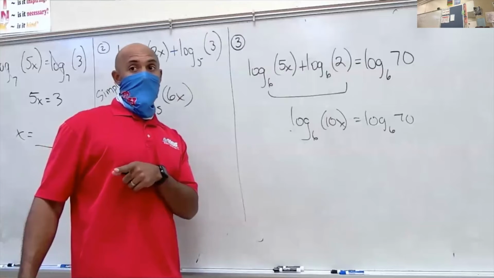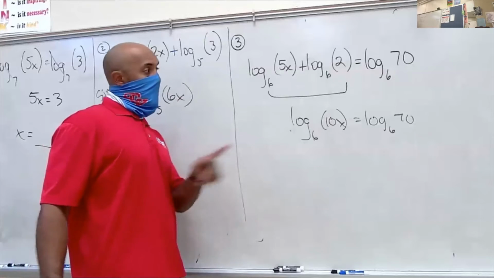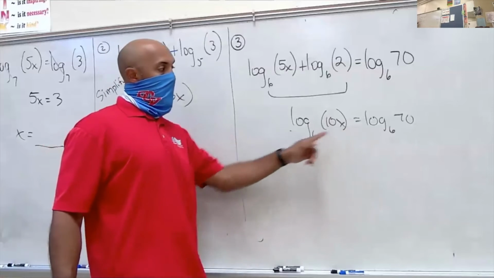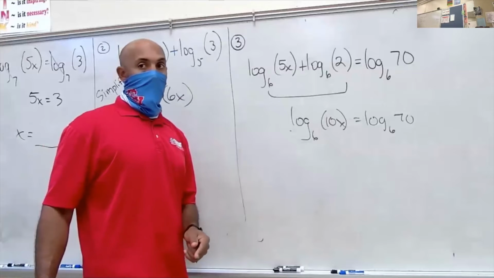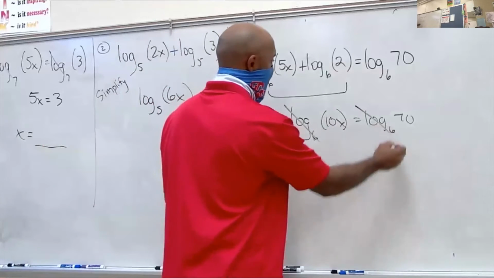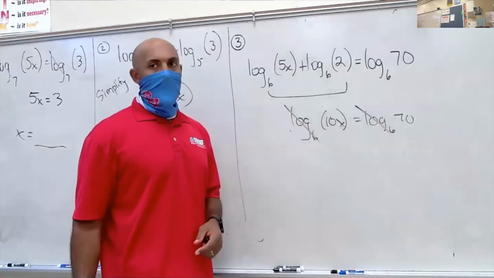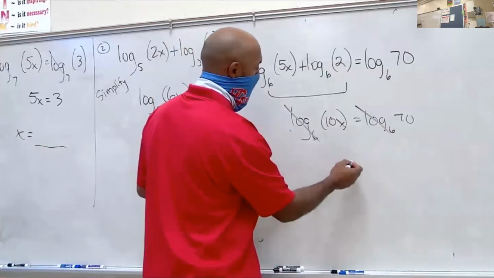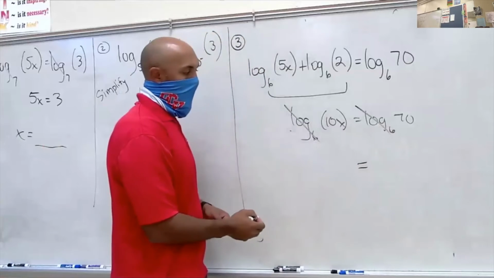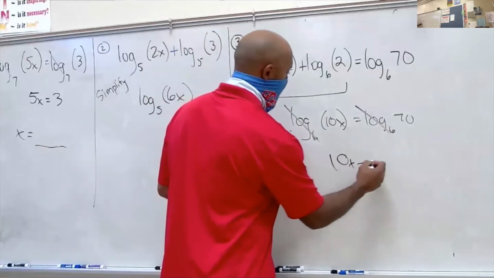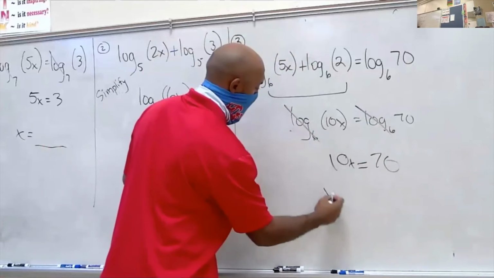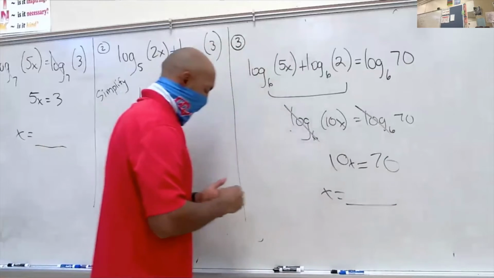Combine. You said combine? Yeah, the two logs. Okay, so what do we do? How do we combine them? You cancel them. Oh, cancel them. So combine them or cancel them? Okay, so now what's my next equation here? 10x equals 7. Good. And then we'd solve that. Okay? All right.